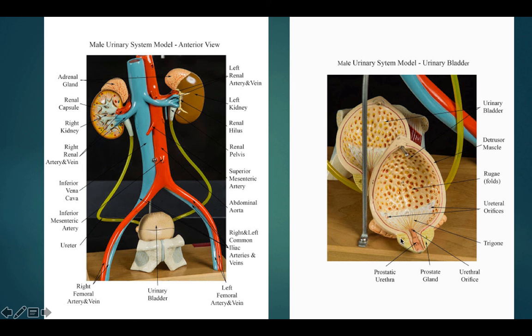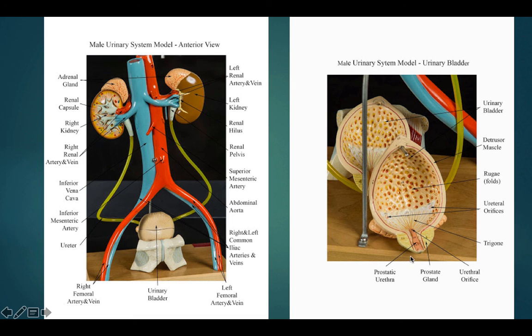So it's smooth muscle, and it must relax for the urine to flow outward. And then, of course, we have one that's under our control called the external urethral sphincter, which would be, again, farther down here.